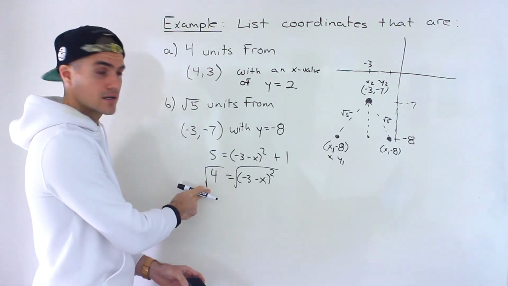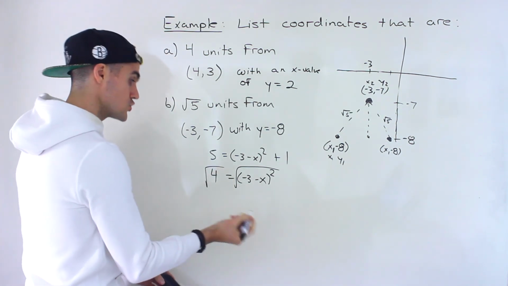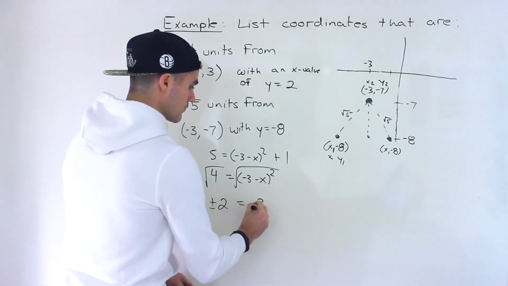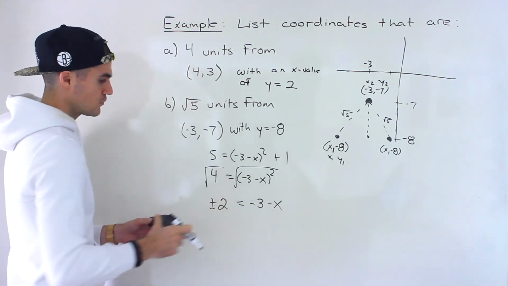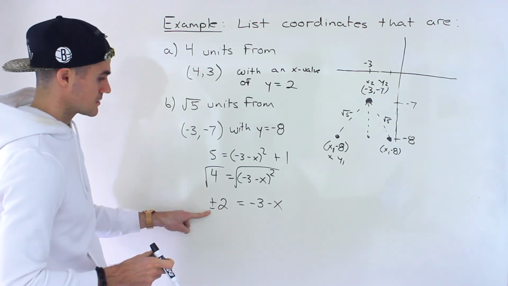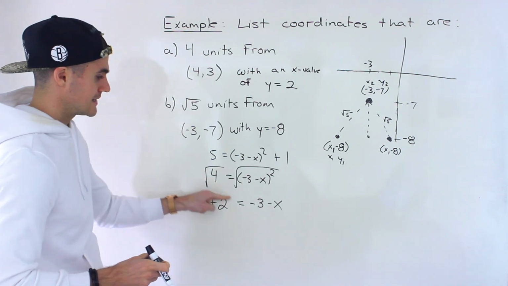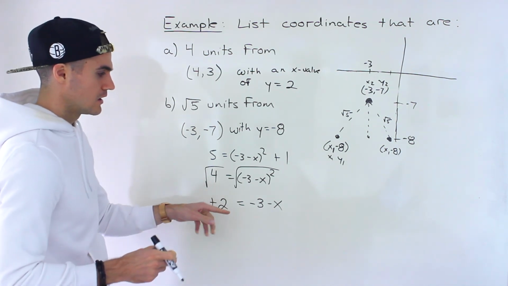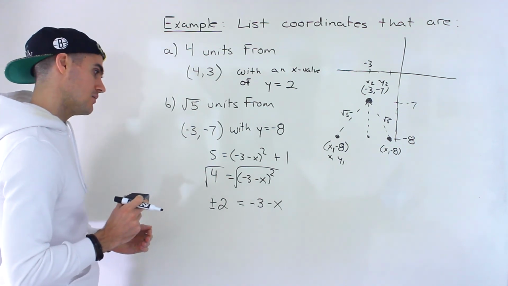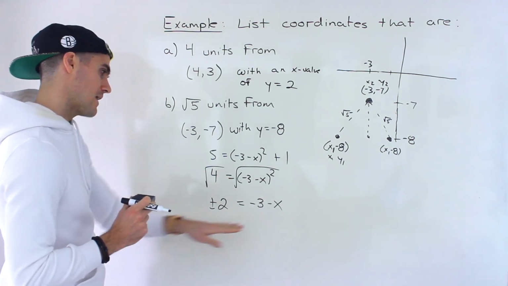And what's nice here is, square root this, square root that. The square root of 4 is smooth. That's going to give us an integer, plus or minus 2. And then we've got negative 3 minus x. As we showed before, this isn't always going to be smooth, right? Sometimes it's going to give you a decimal value here. Either way, the same thing applies. So in this case, we have a negative x here.